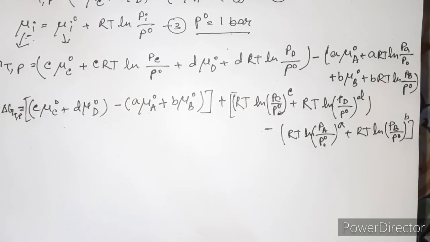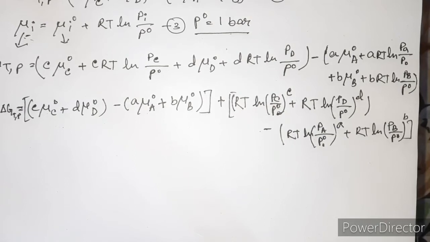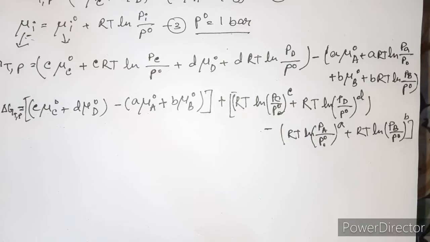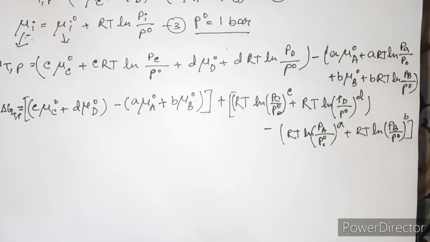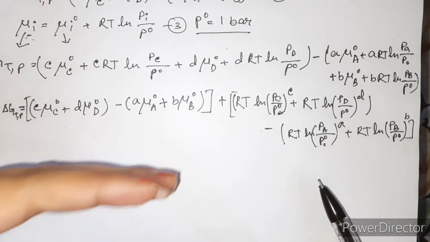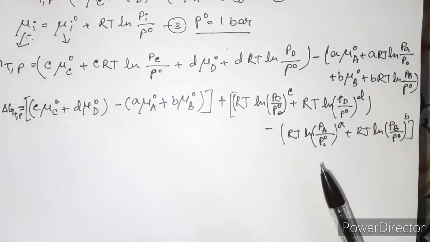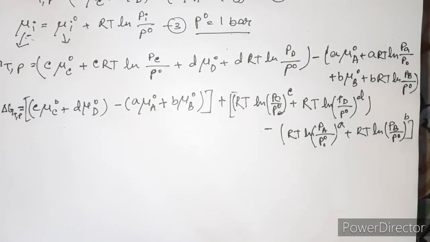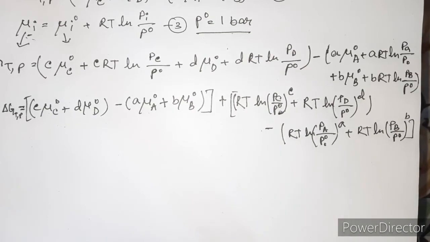One part is the mu 0 part, that is the standard chemical potential part for the pure substance, and the other part is the chemical potential part for when the substance is in the solution or in the mixture state.